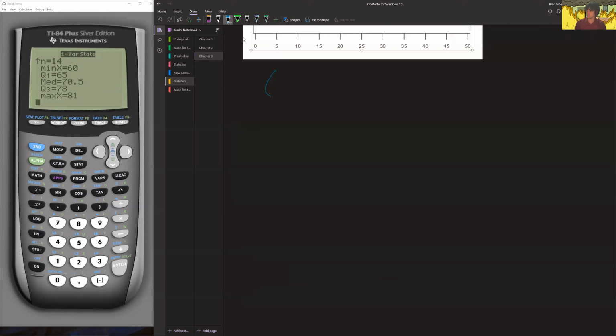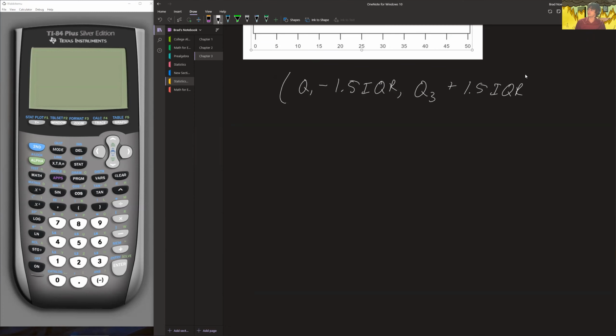The interval goes from the first quartile minus 1.5 times our interquartile range to our third quartile plus 1.5 times our interquartile range. If you are a data value and you do not belong to this interval, then you are considered too far outside of the range of our data set, and thus you are considered to be an outlier.